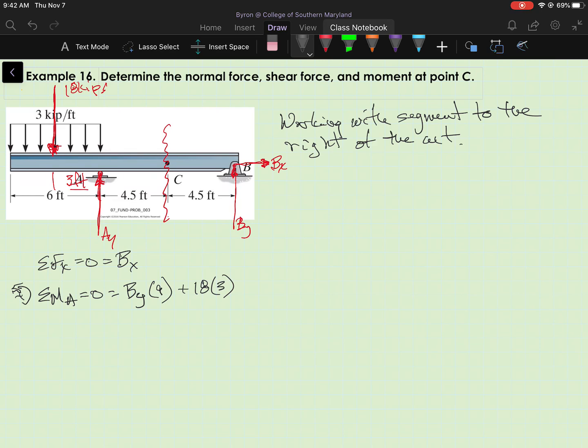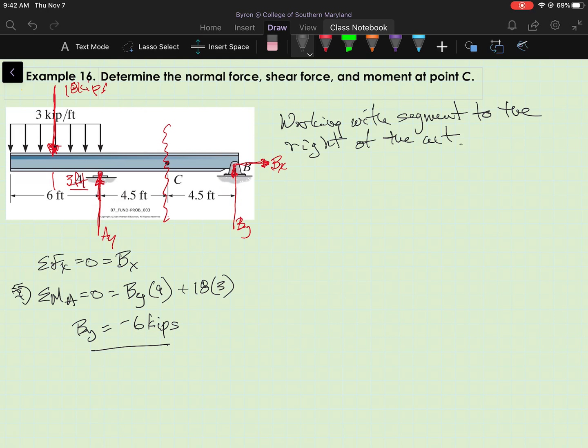Okay, and we do that math, and B sub y is equal to -6 kips. And that makes sense. B sub y is pulling the right end of the beam down. A is acting like a fulcrum, and that load to the left of A is trying to rotate the beam counterclockwise. So that makes sense.